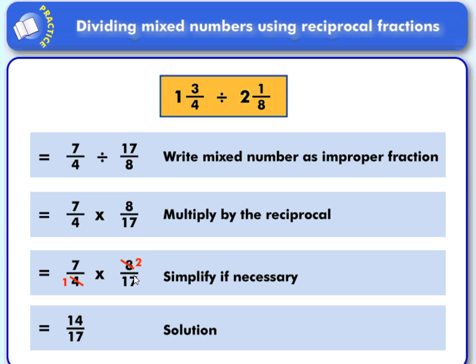Cross cancel if we can to make the problem a little easier, multiply across and simplify to get our solution. So when we have the problem 1 3/4 divided by 2 1/8, we actually are solving the problem of 1 3/4 times the reciprocal of that second fraction.